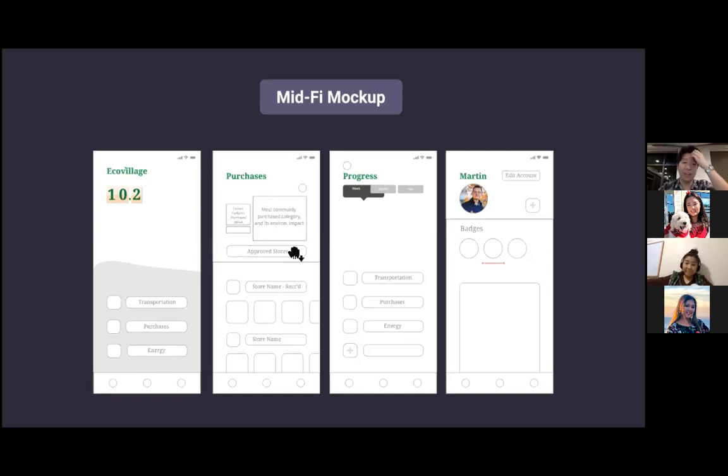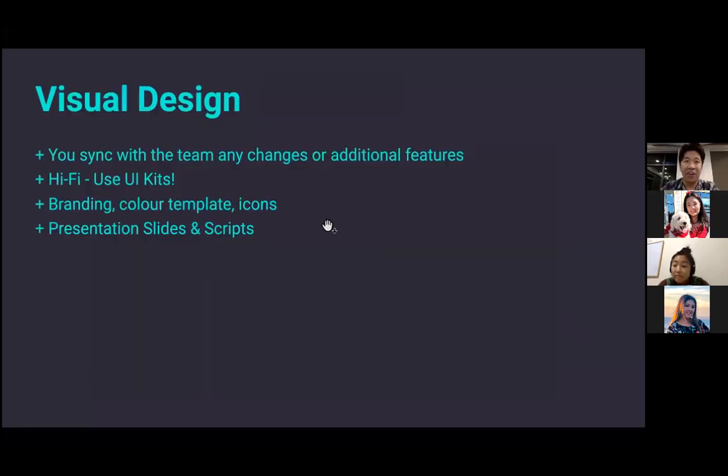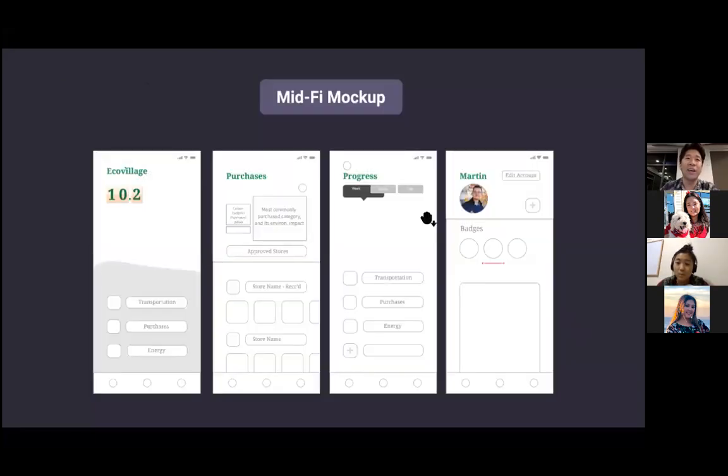I'll just move past this, but feel free to ask any questions after or during about mid-fi, high-fi, low mockups. Okay. Are there good tools to hand over the assets to developers? I'll answer this question really quickly from Roberto. Normally designers use a tool called Zeplin. Zeplin is where you upload your design and then the developers are able to know where exactly the pixels go and understand how each flow works.